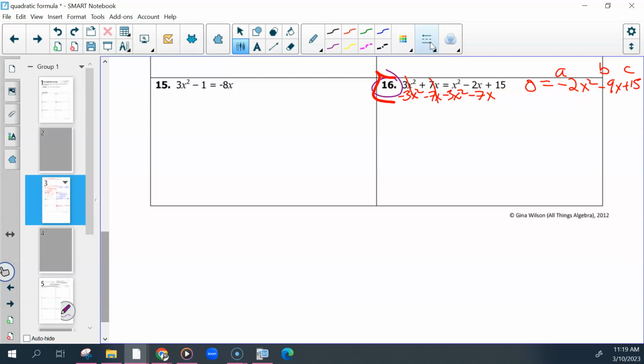So we rearranged, we labeled. Now we just have to put everything into the formula. X equals negative b, but it's already negative, so we can make that positive, plus or minus the square root of, what's negative 9 squared?